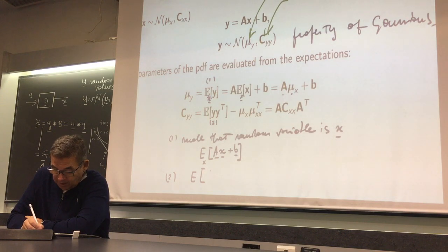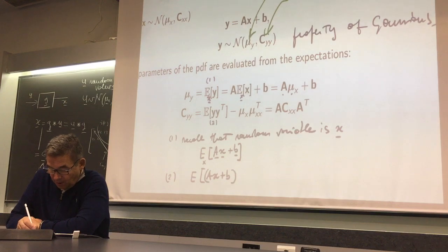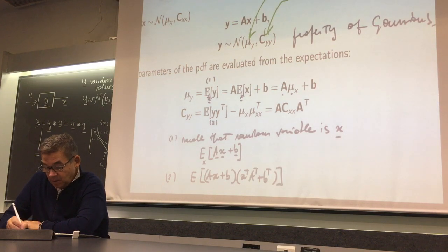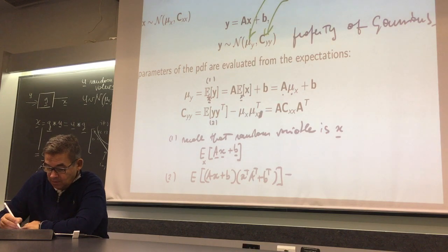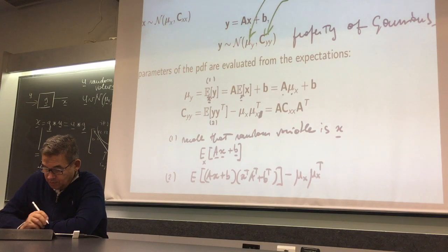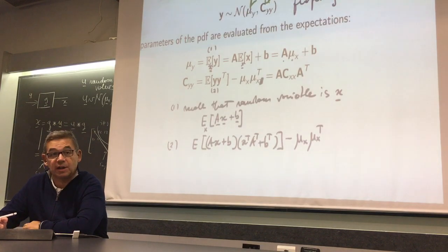What is y? y is ax plus b, multiplied by y transpose. Y transpose is x transpose a transpose plus b transpose, minus mu x transpose. Okay, then I continue on that.